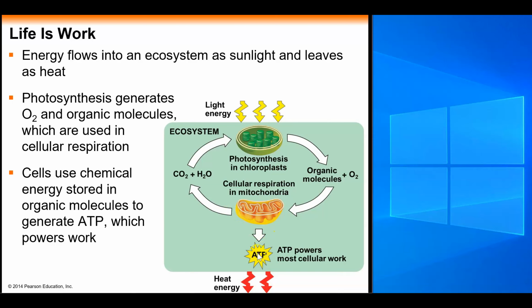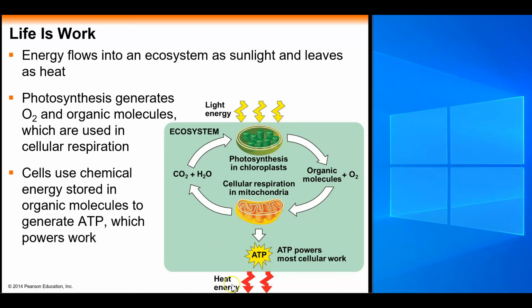Energy is released and used to make ATP, and then the end products of cell respiration are carbon dioxide and water. As the cell uses ATP to power cellular work, some of that energy is actually lost inadvertently as heat that dissipates from living organisms into the atmosphere and is lost again to the great beyond.